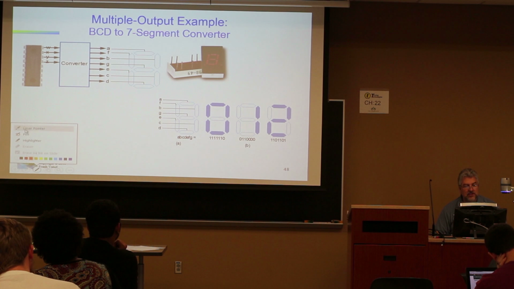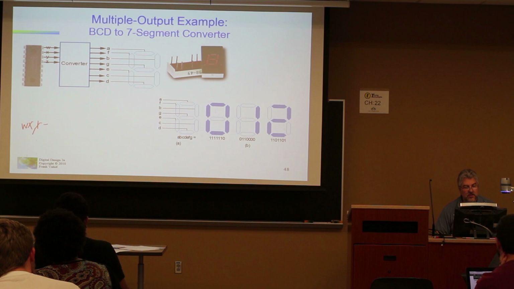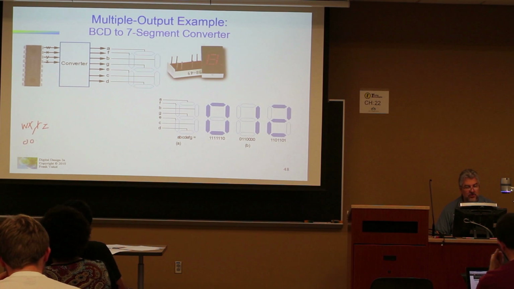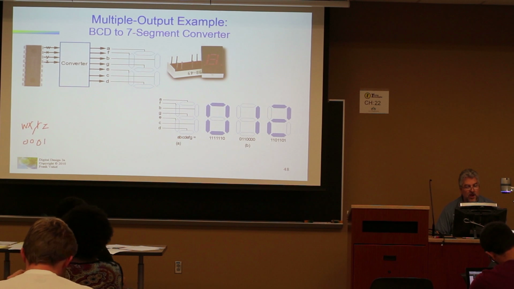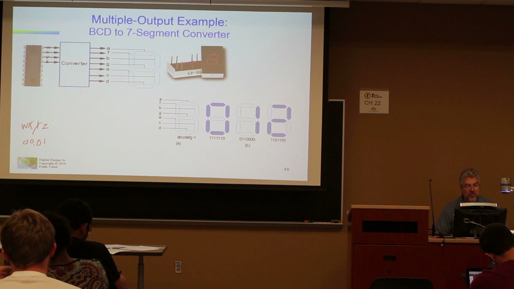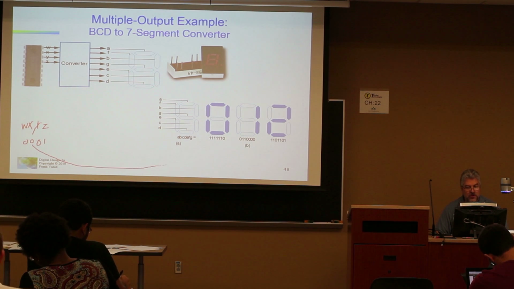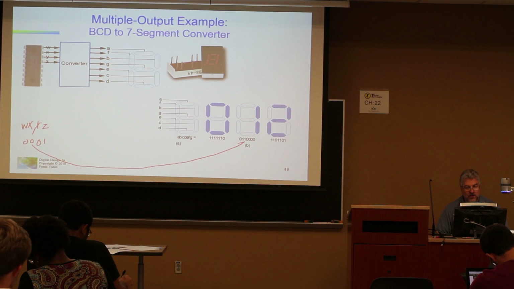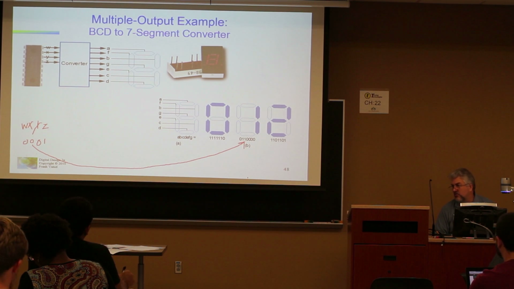So in this case, if we have WXYZ and we have the value 0, 0, 0, 1, that would be converted into this right here. So we could display the character 1.